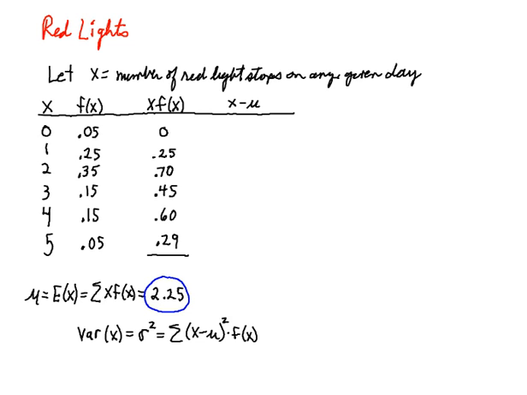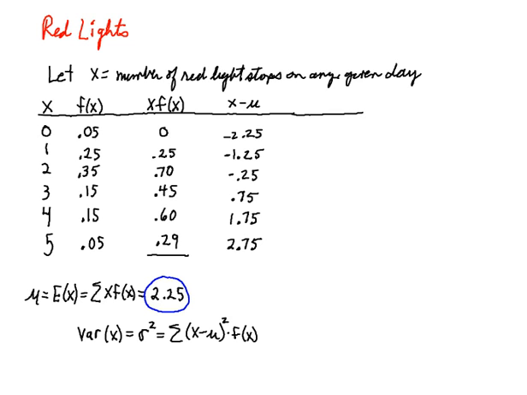I'll have 0 subtract 2.25, which would be a negative 2.25 for the first row. 1 subtract 2.25, which would be a negative 1.25. 2 subtract 2.25, which is a negative 0.25. 3 subtract 2.25 is 0.75. 4 subtract 2.25, 1.75. And 5 subtract 2.25 is 2.75.